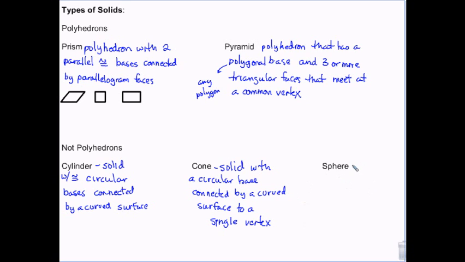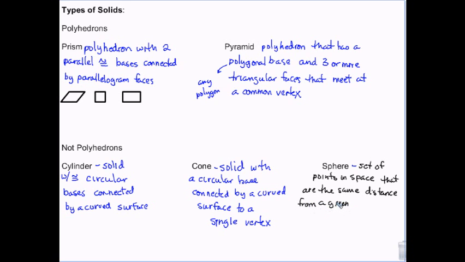And then you have a sphere, and a sphere has a very, very specific definition. It is a set of points in space that are the same distance from a given point.